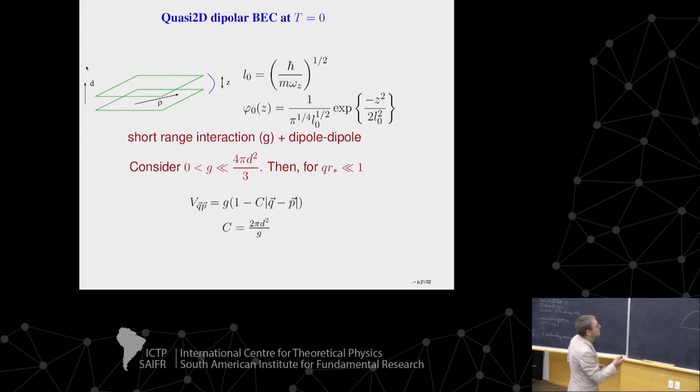Then for small momenta, the Fourier transform of the interaction potential can be expressed in this way, where the first term comes from the short range and the second comes from the dipole-dipole interaction. c is unit divided by g, g cancels, so it's d squared divided by the difference in the momenta, yes?